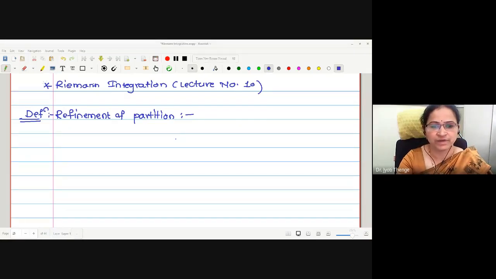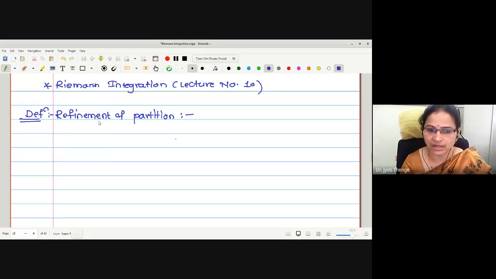Now, according to the definition of partition, refinement means that whatever partition is given to us, we are going to increase the number of points in the given partition.